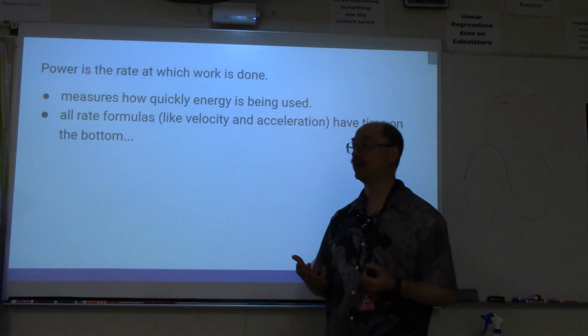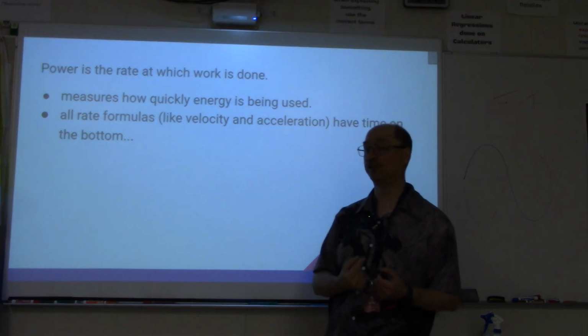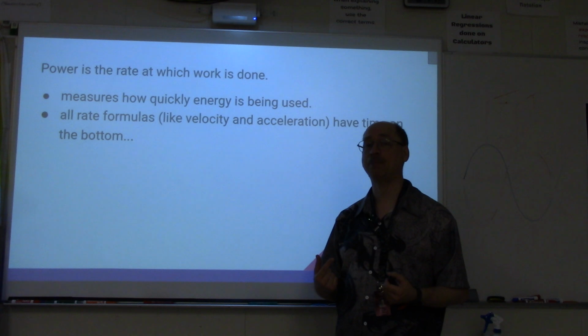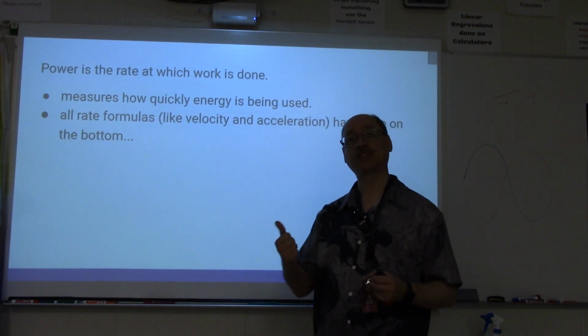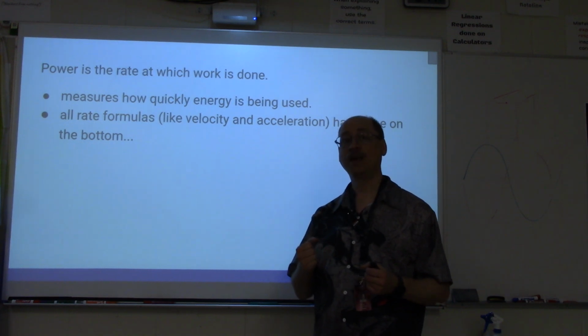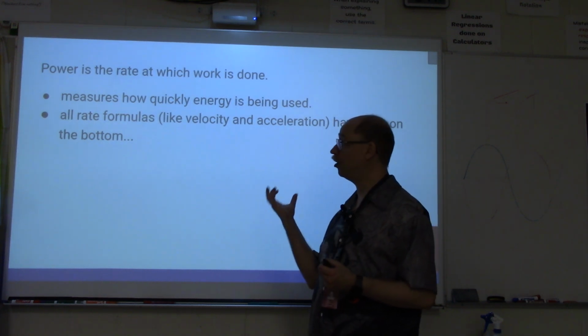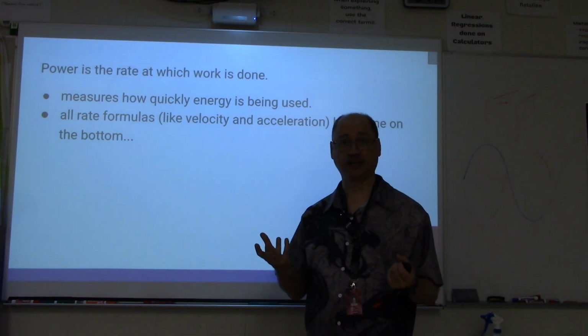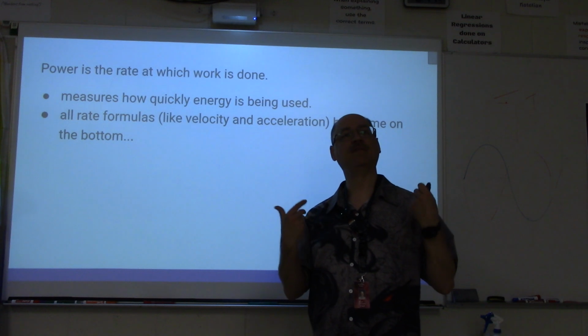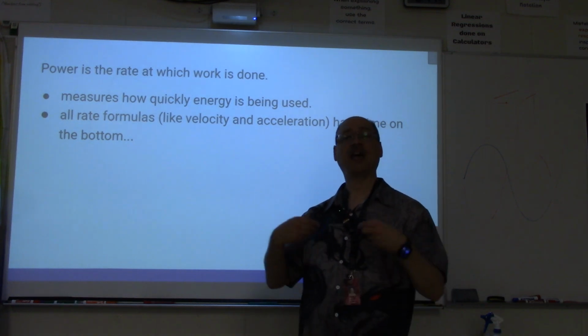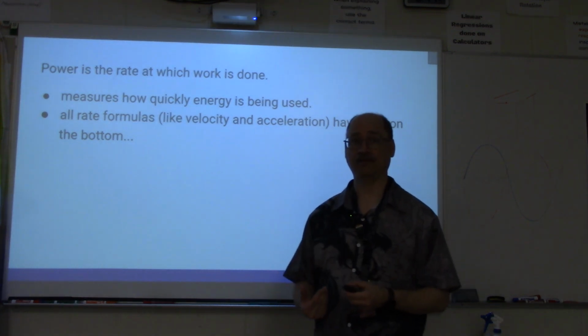Now, because power is a rate of change formula, it's the rate at which something is happening, it follows the same sort of pattern for a formula as the velocity and acceleration formulas do. Because you may recall that when we're talking about velocity and acceleration, they both are formulas that have something divided by t, because it's how much time does it take for something.